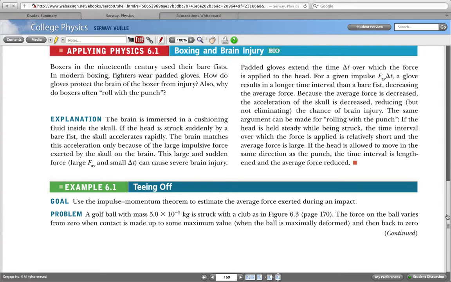We strike it with a golf club, and the force on the ball varies from 0 when the contact is made up to some maximum value when the ball is maximally deformed. In other words, when you're first hitting the ball it looks like a ball. When you're done hitting the ball it kind of looks like a watermelon or something. It's kind of squashed. And then, as the ball comes off of the head at the end of the swing, the ball is reforming back into its spherical shape.